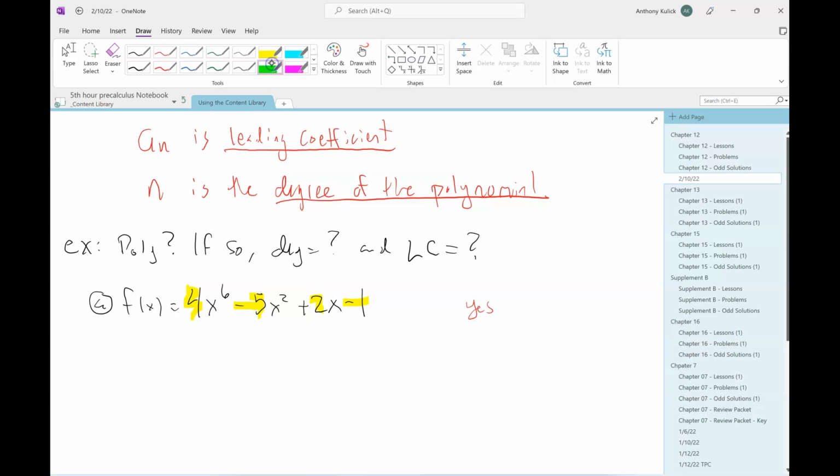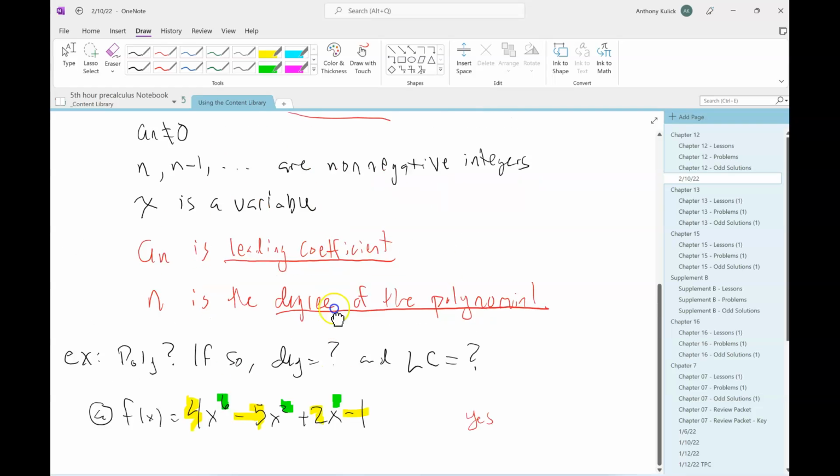Yes. And then we have to check the exponents. All the exponents there are non-negative whole numbers, and the only operations that are going on is multiplication in between the variable and the coefficient, and then addition or subtraction between the terms.